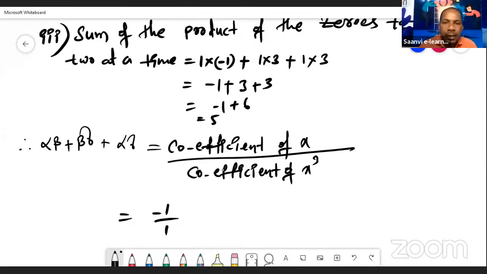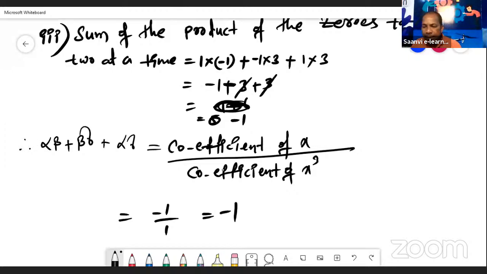Okay, see here, we have made a mistake, children. Minus 1 into 3 here, we get minus 3. So here plus 3 and minus 3 cancel. We get here minus 1. So minus 1 by 1 is equal to minus 1. So this is about the sum of the product of the zeros taken two at a time.